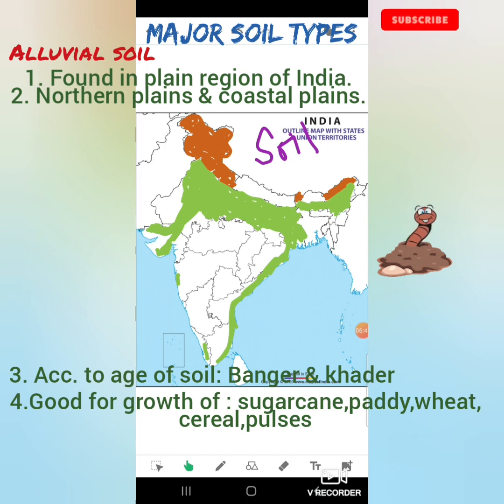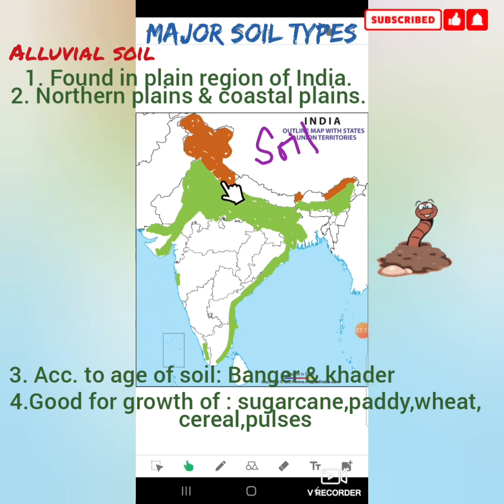According to the age of the soil, this green color that you see, the alluvial soil, they also have an age, meaning on the basis of their formation. The soil which was formed in the early time, which is older, is called the Bangar, and the newer alluvium is called the Khadar. This alluvial soil is very good for the growth of sugarcane, paddy, wheat, cereals and pulses.